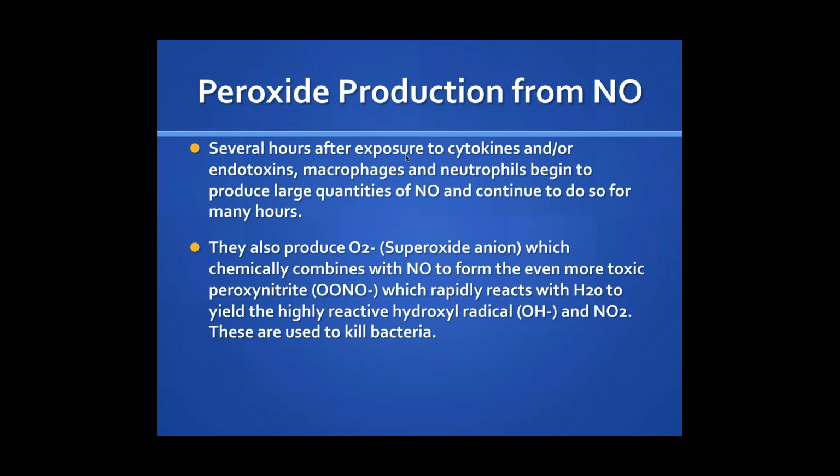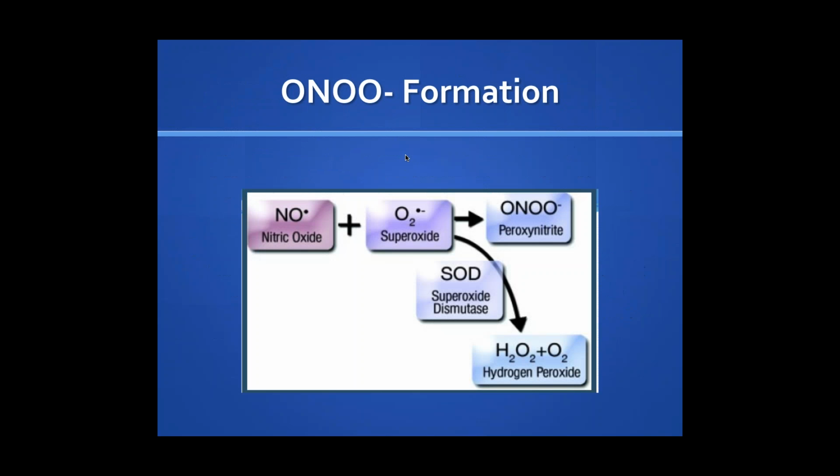They also produce O2, which is a superoxide anion, which chemically combines with nitric oxide to form an even more toxic peroxynitrite molecule. That's the O-no molecule, which rapidly reacts with water to yield a highly reactive hydroxyl radical and NO2. These are used to kill bacteria.